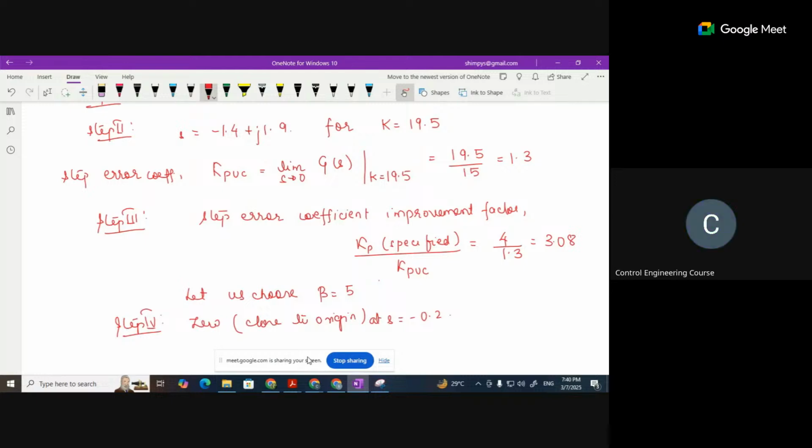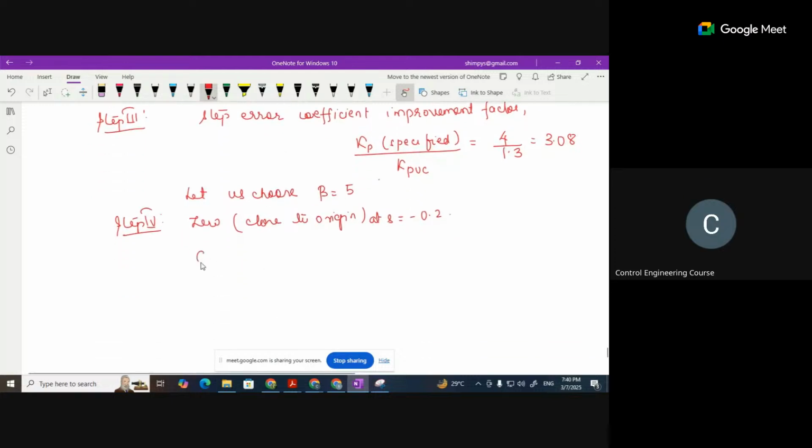So where will be my compensator pole? That will be the zero divided by beta, minus 0.2 divided by beta. I've taken beta as 5, so it will be minus 0.04.